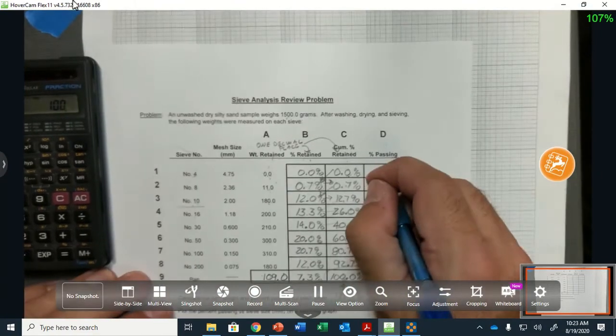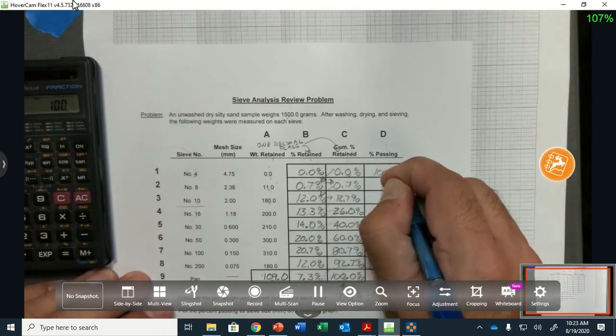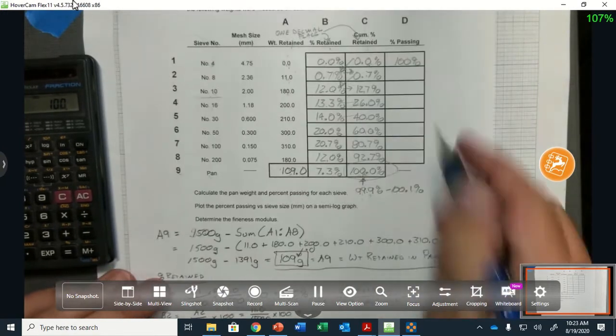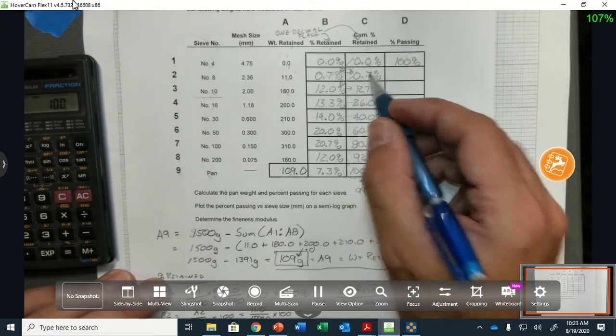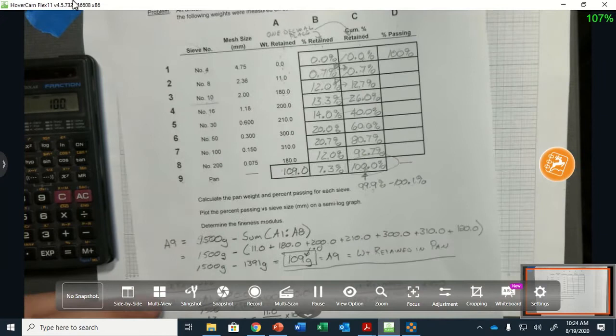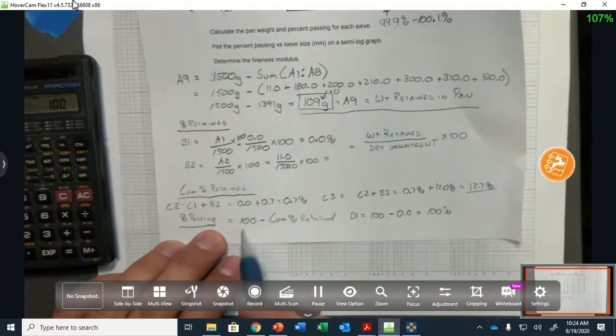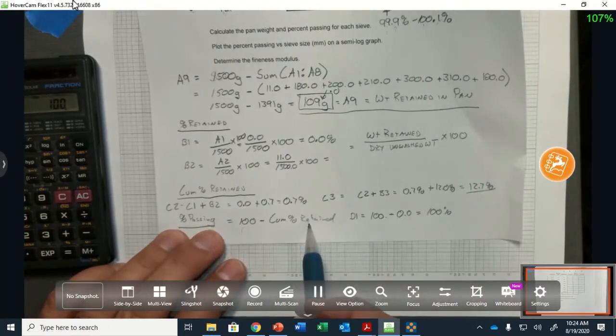I'm going to talk about the decimal place at the end here. Again, this one is 100 minus 0.7. Percent passing again is 100 minus cumulative percent retained.